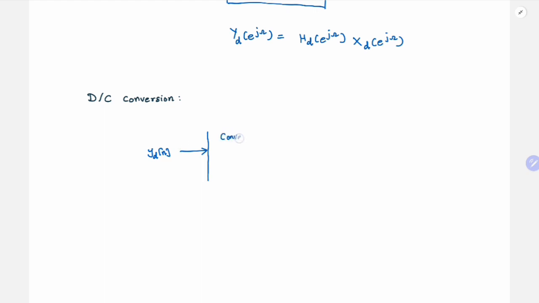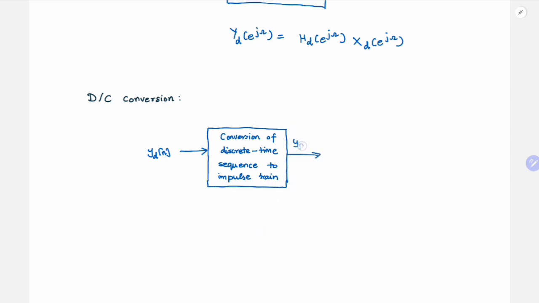So conversion of discrete time sequence to impulse train. Then I will get Yp of t.